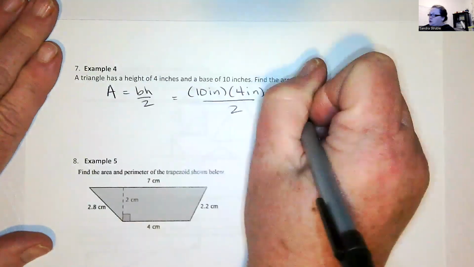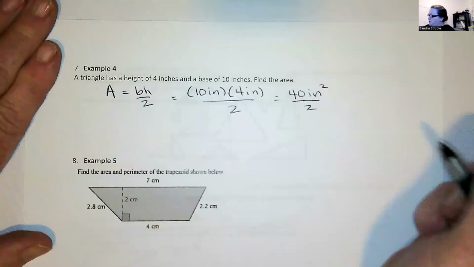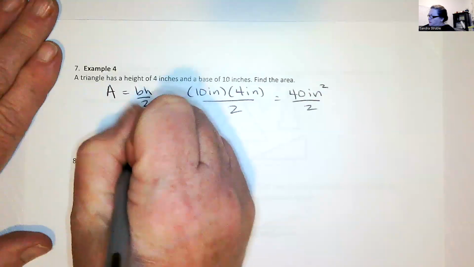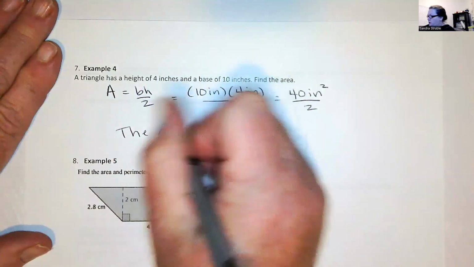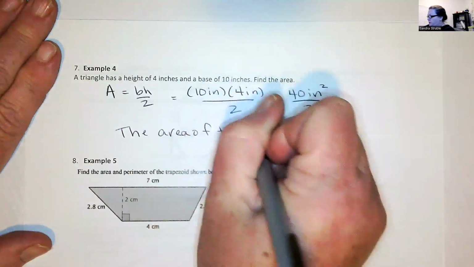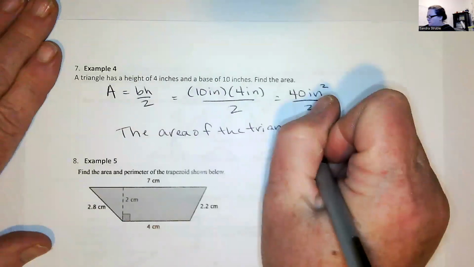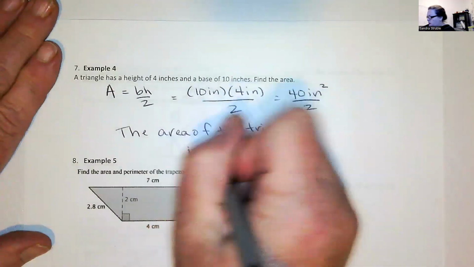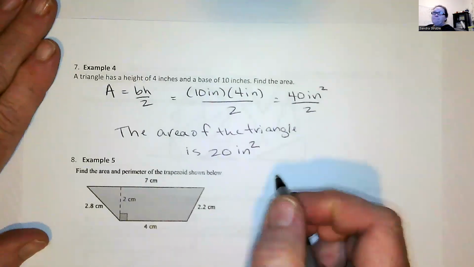So that's 40 inches squared divided by 2. So the area, remember we need to do sentences here. The area of the triangle, long day, folks, is 20 inches squared. Okay.